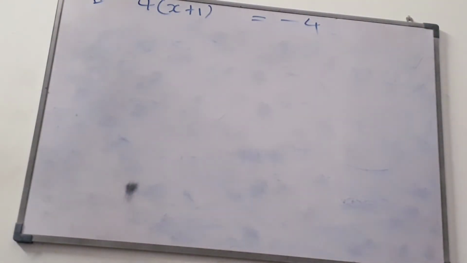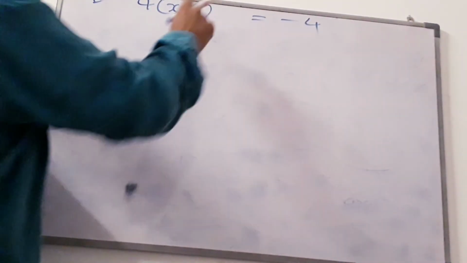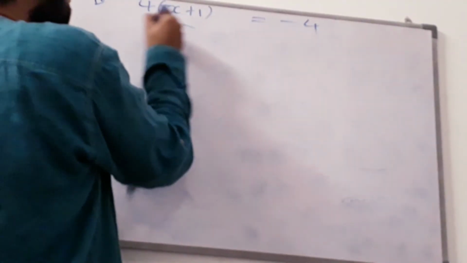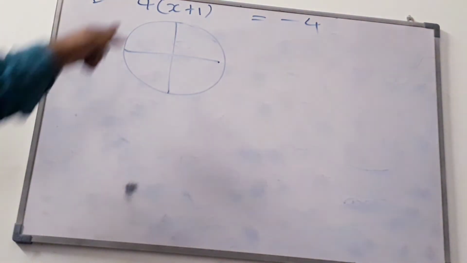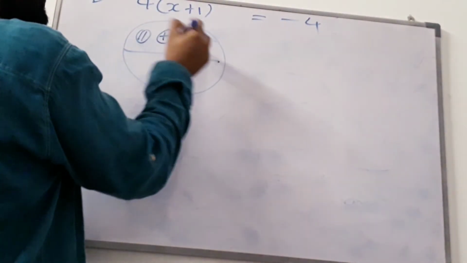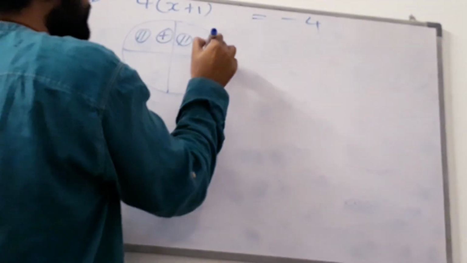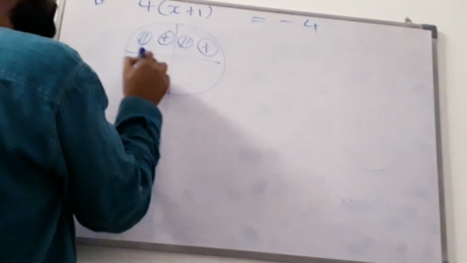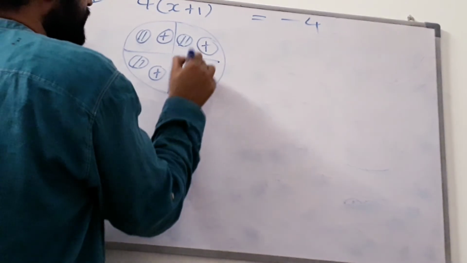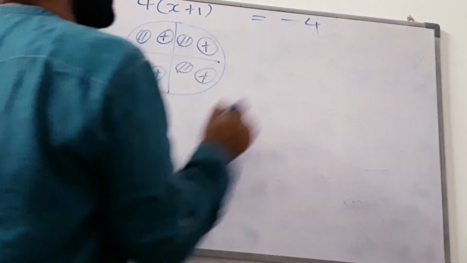That means there are 4 x plus 1. So I am going to divide the circle into 4 equal sectors. In each there is an x and a plus. Here also there is an x and a plus, and x and a plus, and x and a plus.